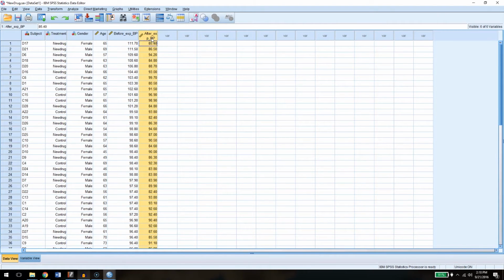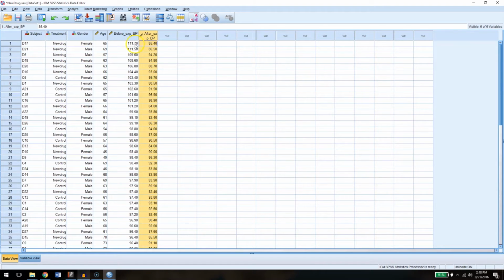This is a dependent t-test because every single person in the study is giving us numbers for both of these variables. Okay, the before and the after variables come from all the same people. So it's dependent in that way. It's repeated measures because the same people got repeated measures. SPSS calls it a paired samples t-test, but just a lot of words to mean pretty much the same thing.